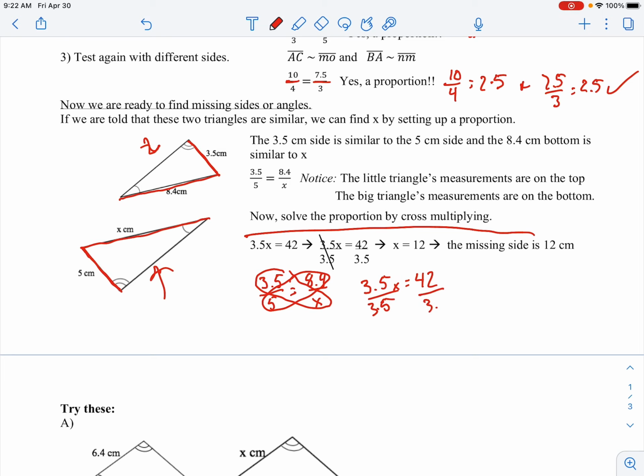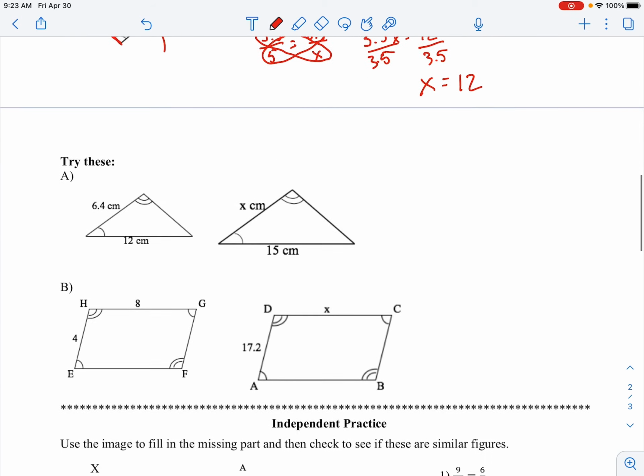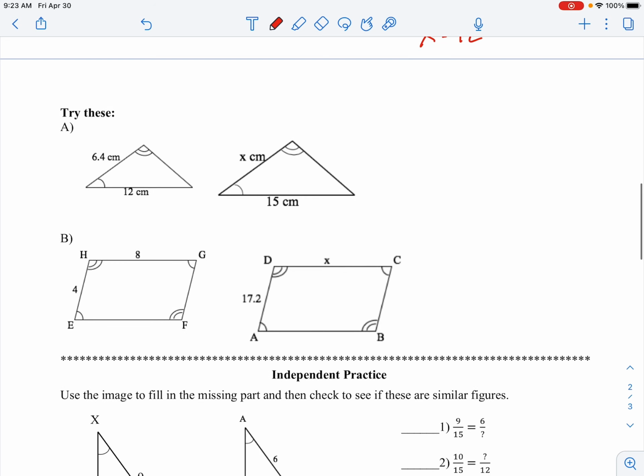Divide by 3.5, divide by 3.5, and we get x is equal to 12. So that means that this missing side here is 12 centimeters. We just figured that out by using proportions, equal ratios. So we're going to practice here with a couple, and then you'll be off on your independent practice.